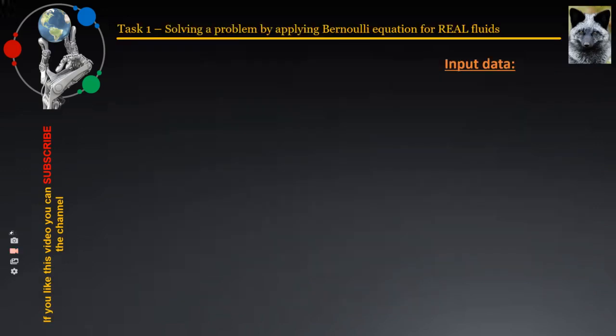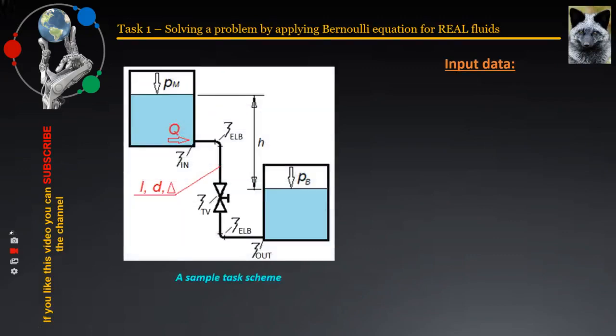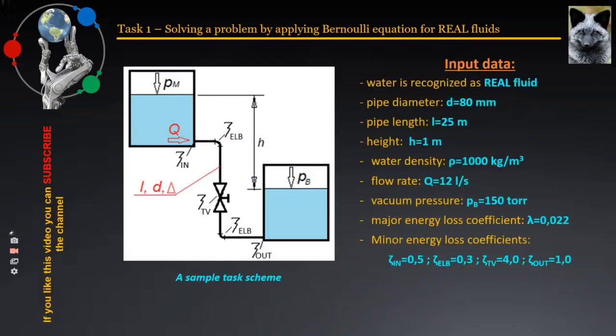On the left side of the slide is the work scheme of the task, and on the right is the input data, the information that we have in advance. The studied system is used to transport cold water having a density of 1000 kg per cubic meter and being considered as a real fluid.